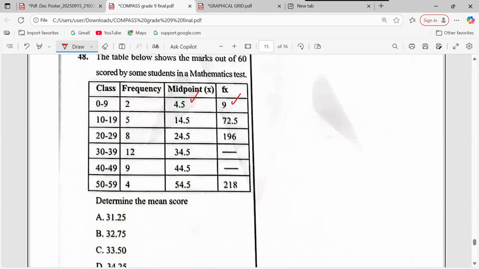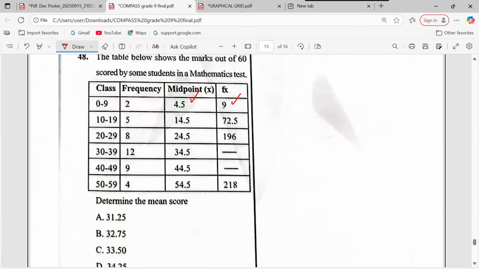What we are sure about is that their marks are between 10 and 19. With that idea, we can use the midpoint to represent all of them. So to get the total marks scored by these people in this class, we assume all of them scored the midpoint value, 14.5. We multiply by 9, and that gives us 72.5.